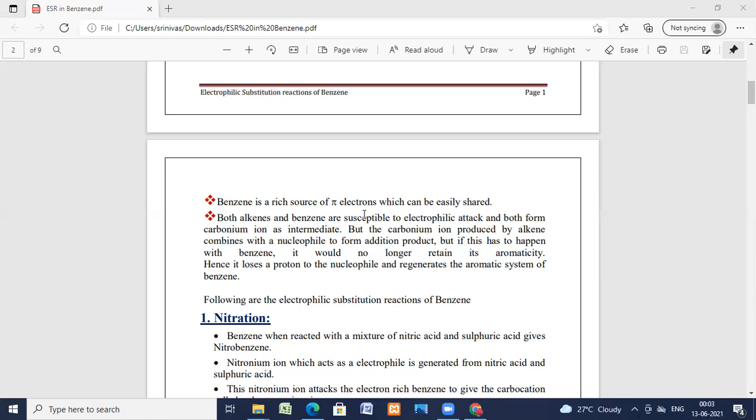Hence electrophilic substitution reactions are the characteristic reactions of aromatic compounds.